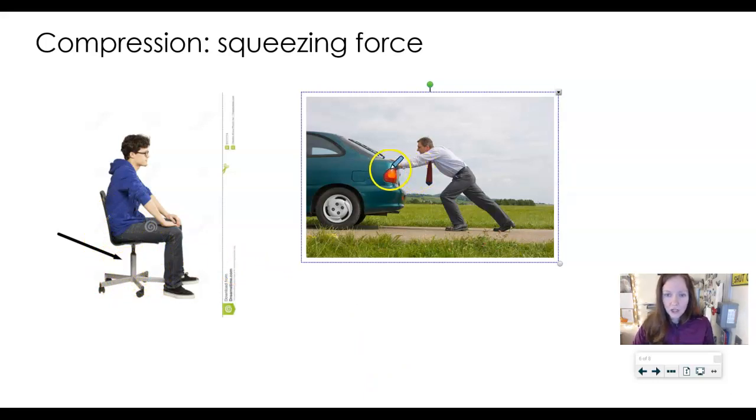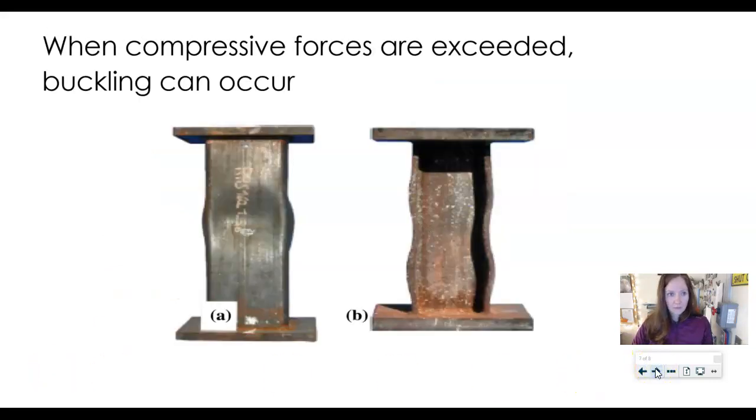If you're pushing on anything, the material is under compression. So, unfortunately, if compressive forces are exceeded, buckling can occur. And this is an example of a steel beam here that buckled because of excessive compression forces. And we do not want that to happen in our bridges.